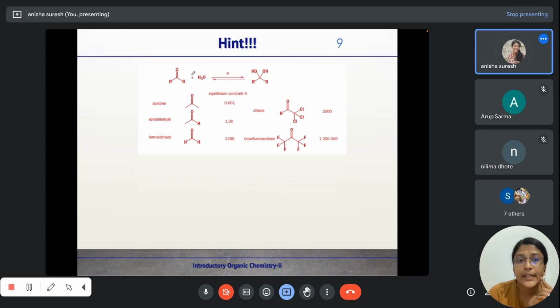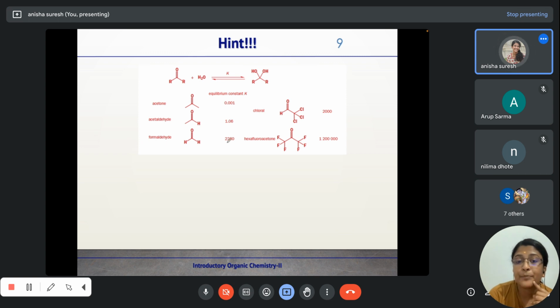So here we can see this is a carbonyl that is given. We are doing a hydration reaction. This is an equilibrium reaction, so it will result in the formation of this hydration product. If it is acetone, the equilibrium constant K will be 0.001. In the case of acetaldehyde, it will be 1.06.